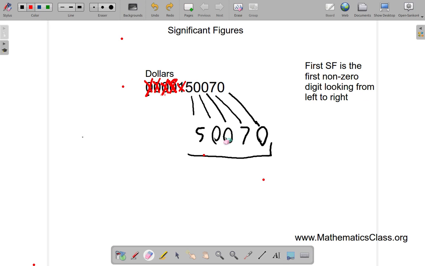Whoa, you have lost a lot of money. You have only $50,070. So the 1 here is a significant figure. You have to put it back. Keep it. So this is the first significant figure.